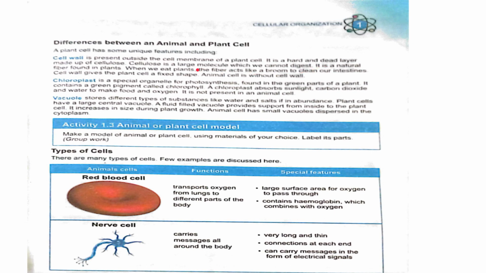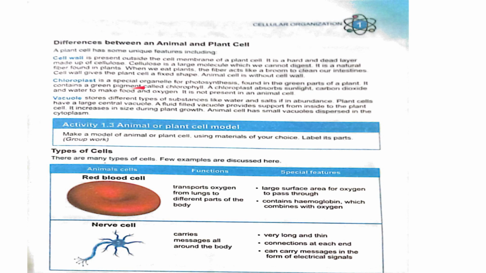It is a natural fiber found in plants. When we eat plants, the fiber acts like a broom to clean our intestines. Cell wall gives the plant cell a fixed shape. Animal cell is without cell wall.